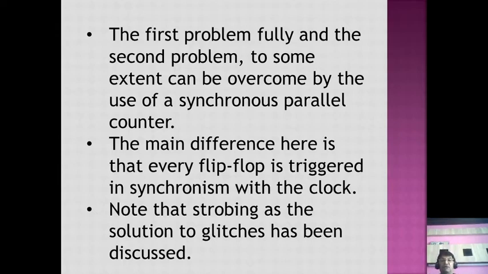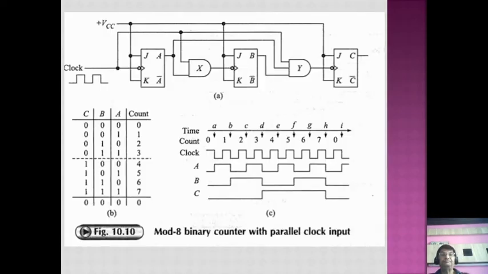Note that the glitch problem, where an unwanted signal was generated, was discussed in the previous asynchronous counter, and it can be removed here, which we are going to study in this section also.